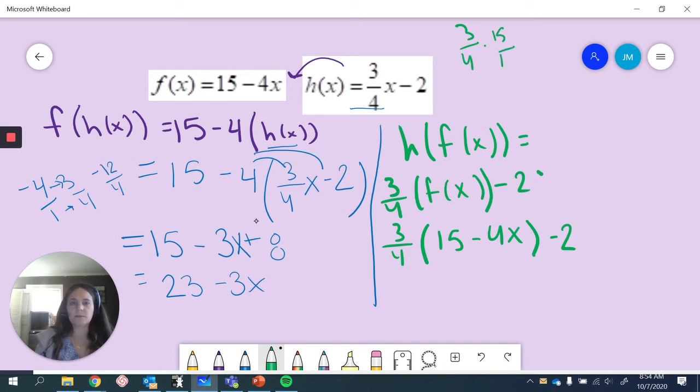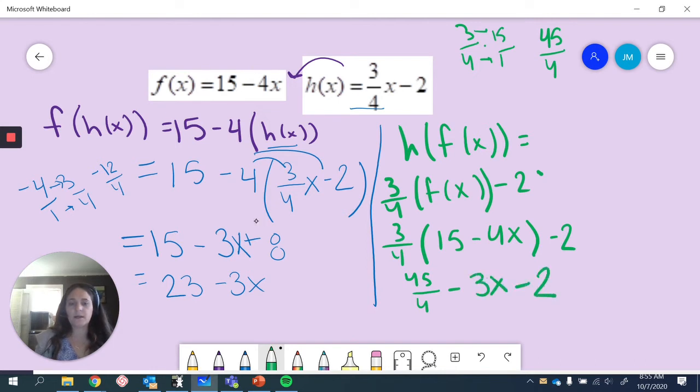Well, we multiply straight across, and 3 times 15 is 45, so this is 45/4. Minus 3/4 times a negative 4 is negative 3x, minus 2.